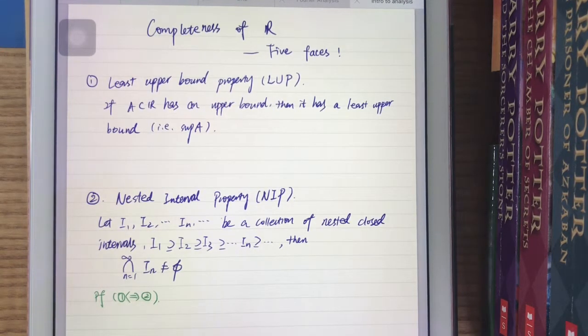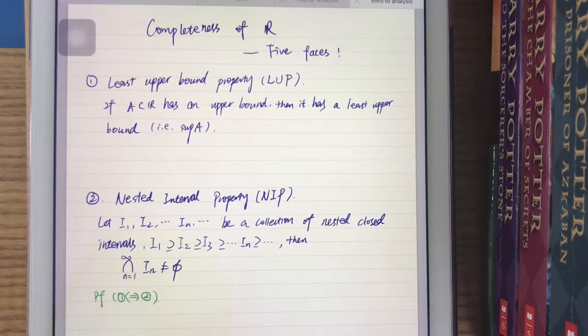Okay, so now let's get started. The first one, the axiom of completeness. All these 5 properties or theorems can be seen as axioms of completeness. You can choose any one you want, but the first one in this video I'm gonna choose is the least upper bound property, or LUP.